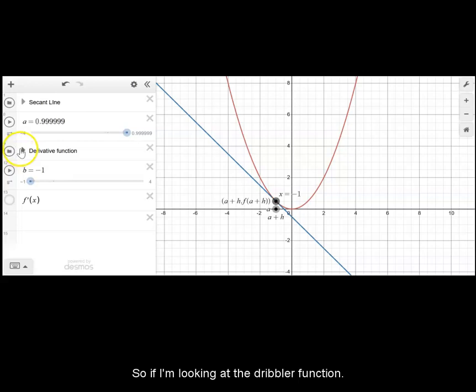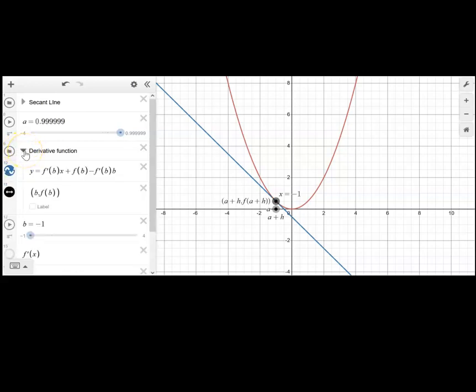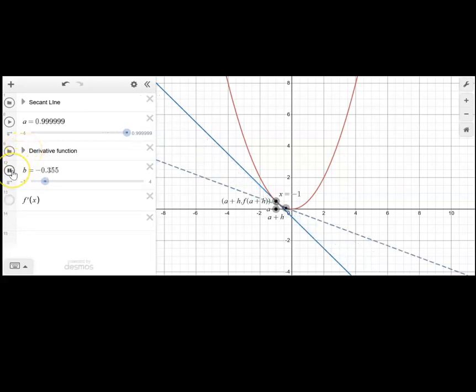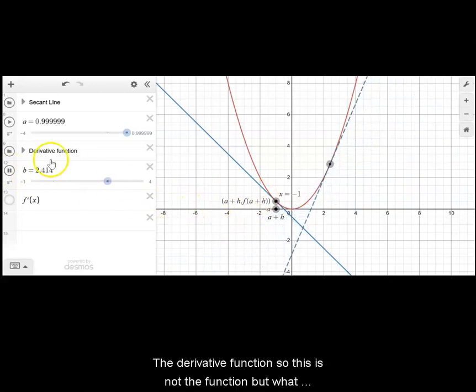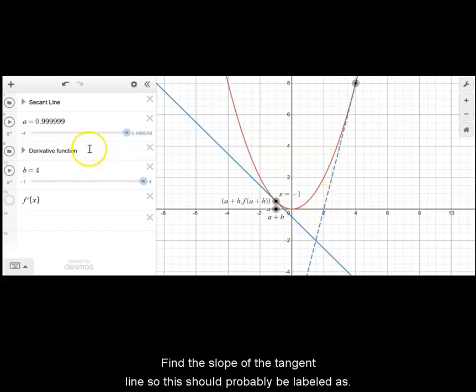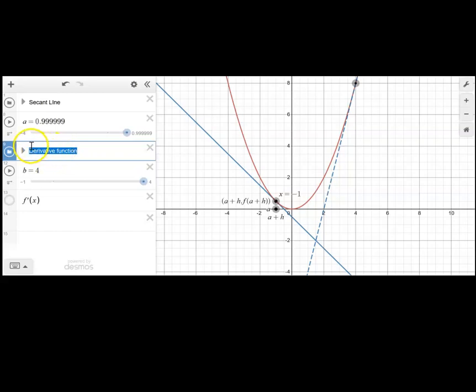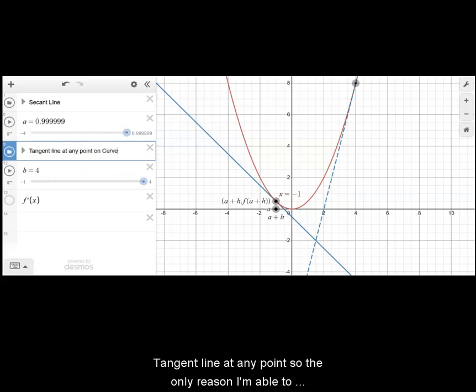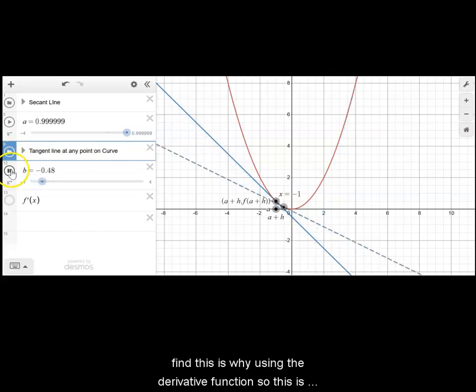So if I'm looking at the derivative function, so this is not the function, but what the derivative function allows me to do is look at any point along this curve and find the slope of the tangent line. So this should probably be relabeled as the slope of the tangent line at any point on the curve. Okay, if that helps us to understand what's going on.